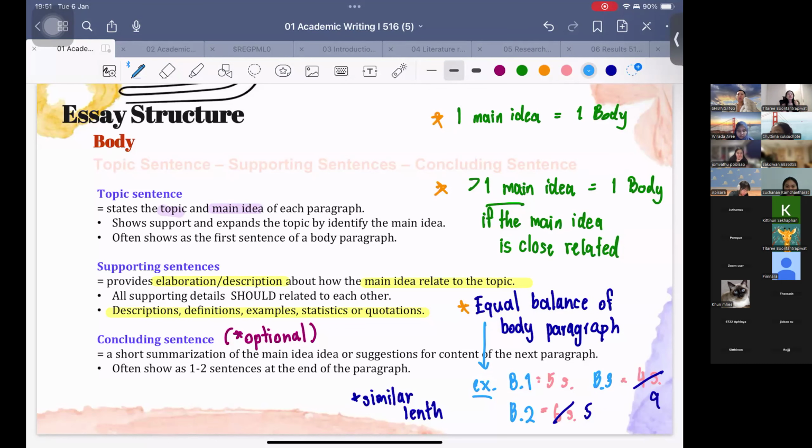Whatever relates to each other or is super close to each other, it would be better to combine into the same paragraph. So one thing to be cautious about is that when you divide things into different paragraphs, it means you're going to write something that is 95% different from the previous one.